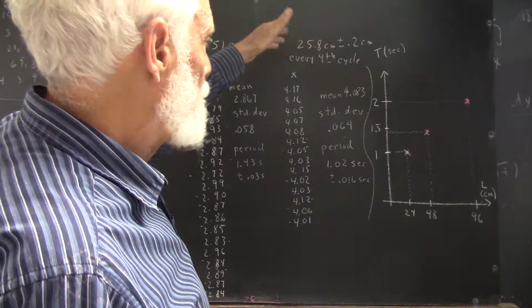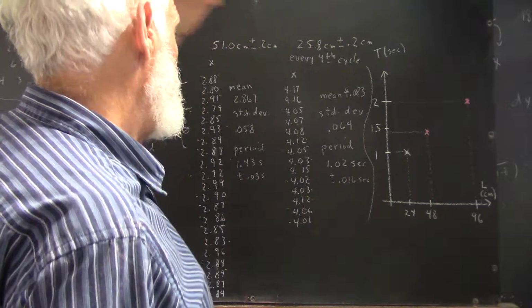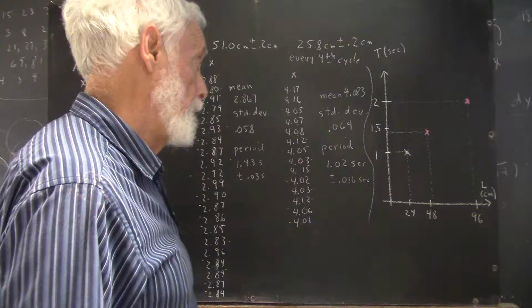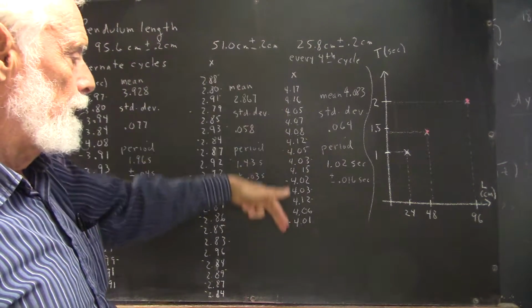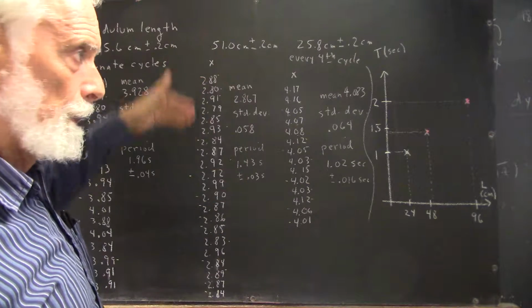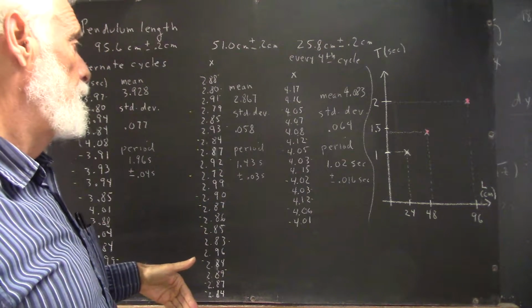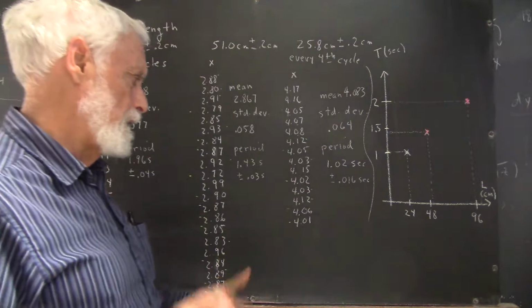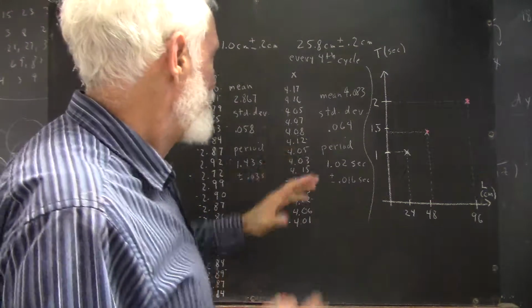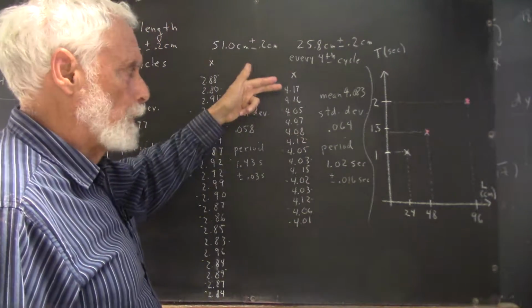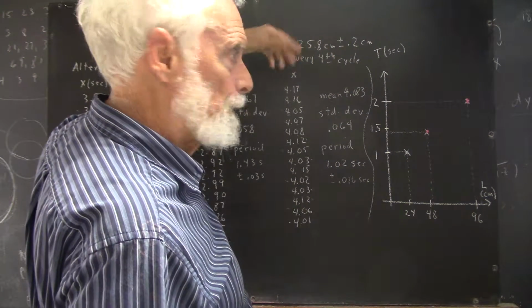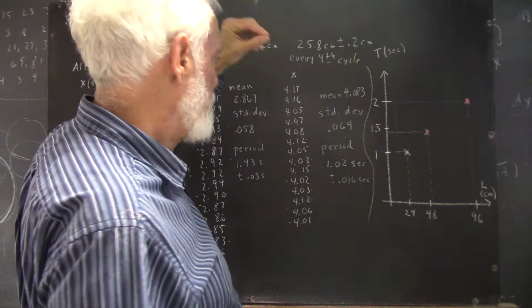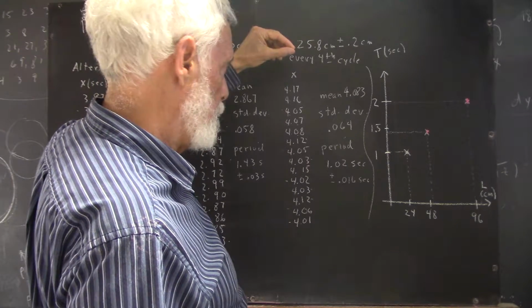Then I had to measure every 4th cycle of the 25.8 centimeter pendulum, and I got these results. I didn't want to be timing something as short as a second because, statistically, it works out better if I do every 4 cycles, given the inherent uncertainty in clicking the mouse and so forth.